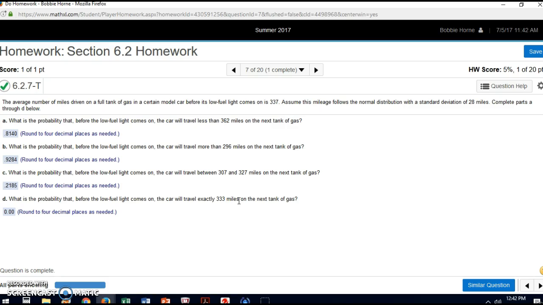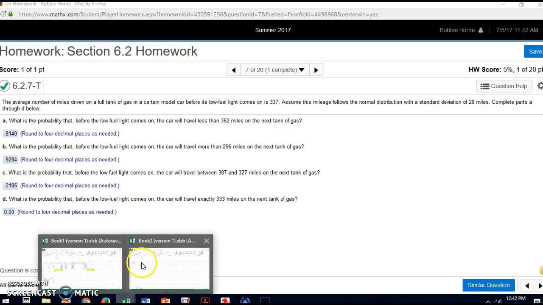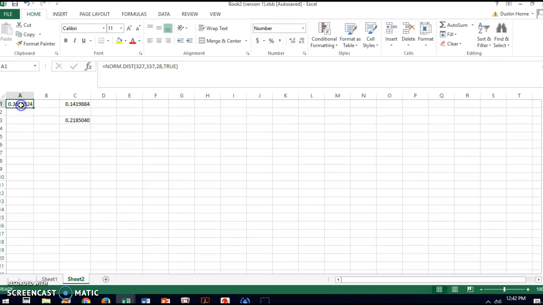Less than 333 would actually have a calculation, but if it says exactly, it would be 0.00. Let me show you what less than would look like. Less than 333 would be 0.4432015.